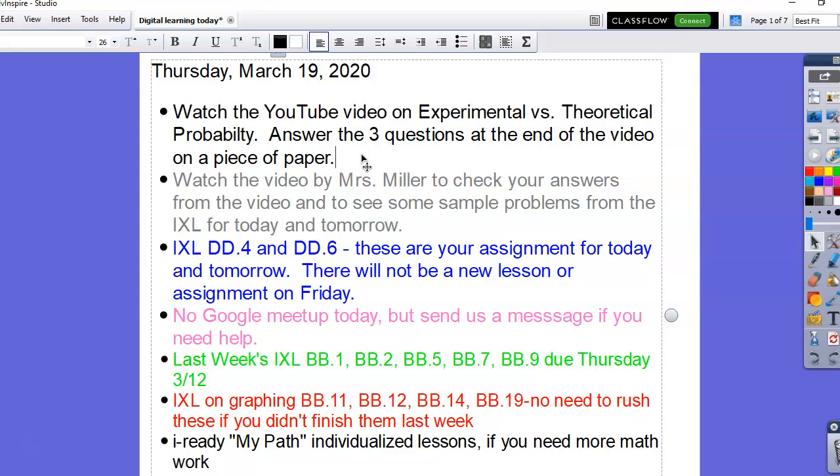Today we are going to look at what experimental probability looks like, and that's actually doing some sort of experiment, not just saying, well, there's 6 sides to the dice, so what's the probability of rolling a 1? It's 1 out of 6. That's theoretical probability. Experimental is actually rolling that dice over and over and getting some data to look at to be able to determine what the experimental probability is.